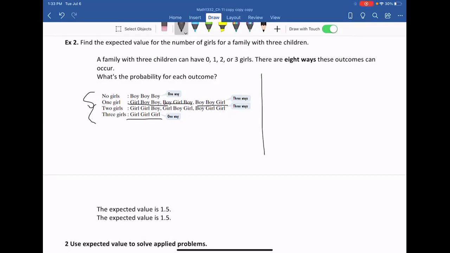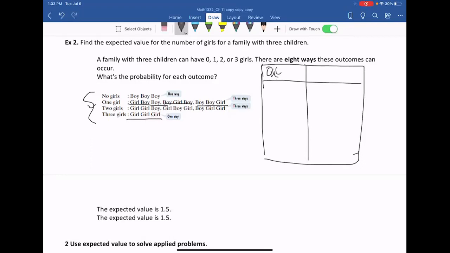So let's draw the outcome and probability table. So here is my outcome. Here is the probability. Outcome of having no girl, 0 girls, is 1/8 because we only have one way over the sample space number 8.